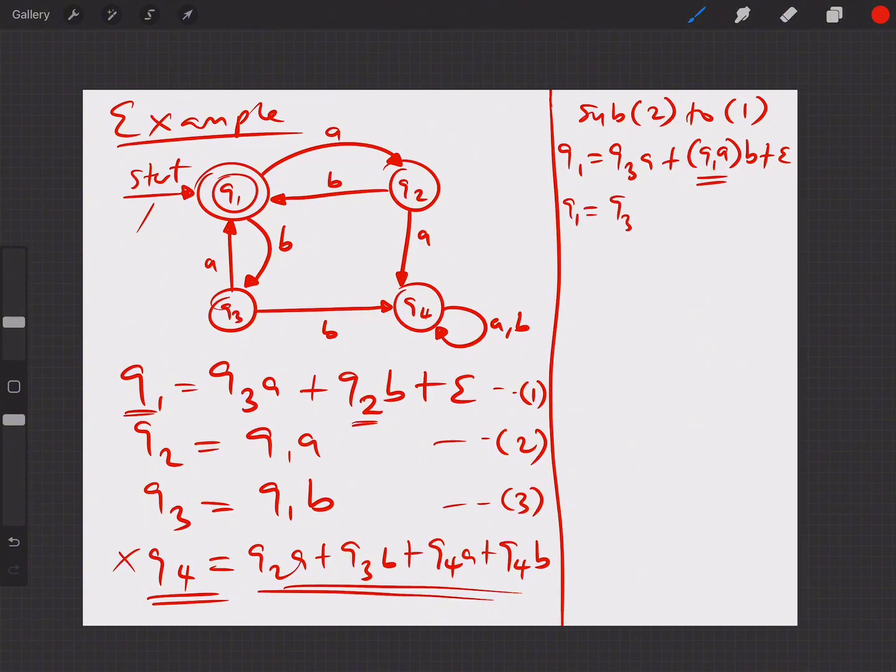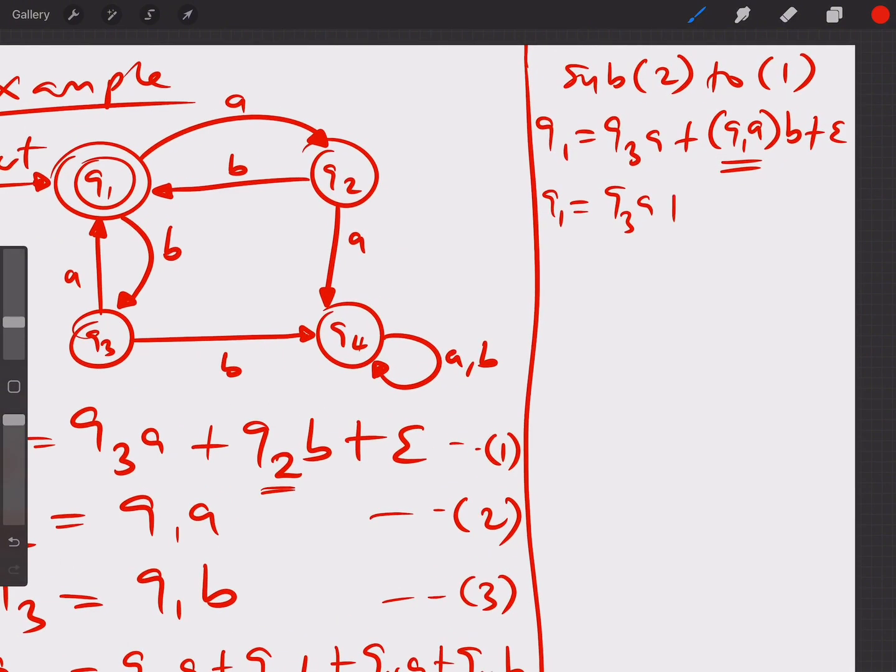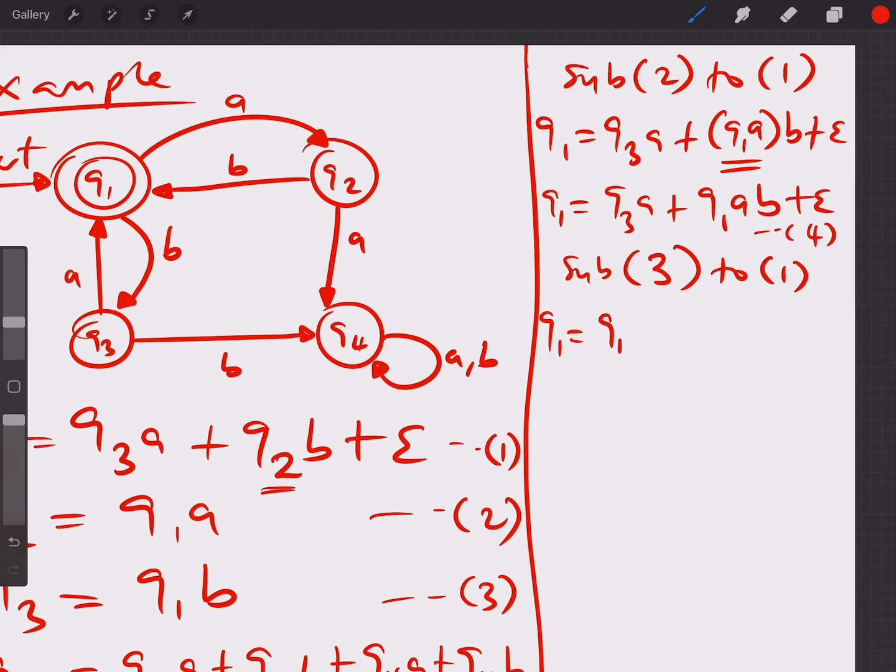Expanding that, we are going to have Q3 on A plus Q1 on AB plus the empty. Let's call this 4. Substituting equation 3 into equation 1, we are going to have Q1 on B with A outside, Q1 AB plus the empty.